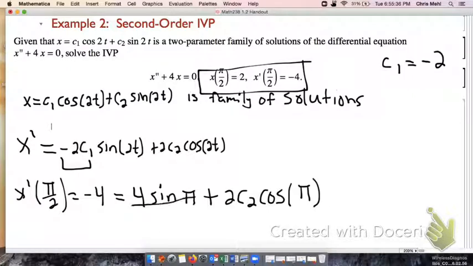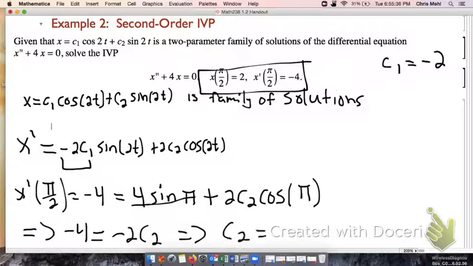Sine of pi is 0, so that part drops off. And cosine of pi is negative 1. So I know negative 4 is equal to negative 2 c sub 2. So c sub 2 is going to equal positive 2. Let me write that up here.